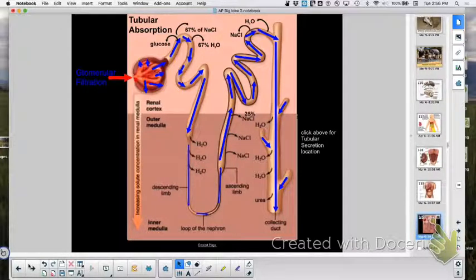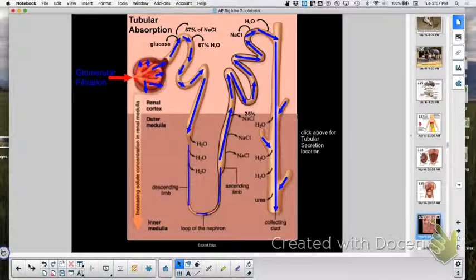Remember, there's things we want to recover. As it moves through the proximal convoluted tubule, about 67% of the salt is recovered. Who follows it? Water. Is that enough? No. Could that kill us if we lost that? Yes. And we also actively transport sugar and recover sugar.